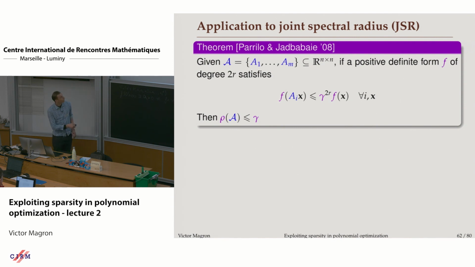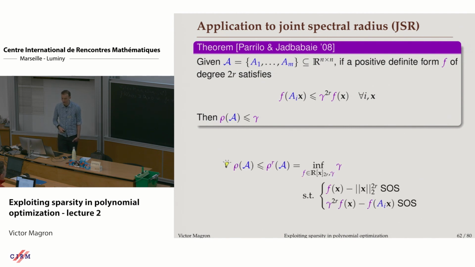And of course, you don't know how to find an f which satisfies this, but you know how to find a sum of squares which corresponds to this inequality. So basically, this is what we write here, okay? Because if this is a sum of squares, then this inequality is true.